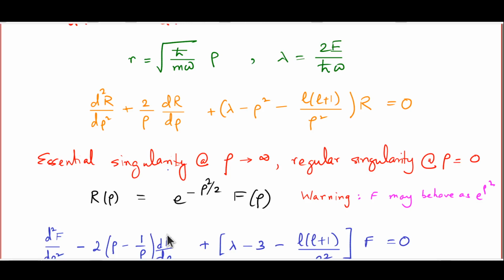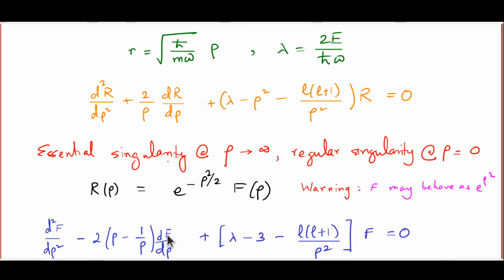You can easily find out from the equation itself that the behavior of R of rho as rho goes to infinity can be either like e to the minus rho square by 2 or e to the plus rho square by 2. And because we like the e to the minus rho square by 2 behavior much better, we are going to write R of rho as e to the minus rho square by 2 times a function of rho, and try to solve the resulting equation for capital F of rho.